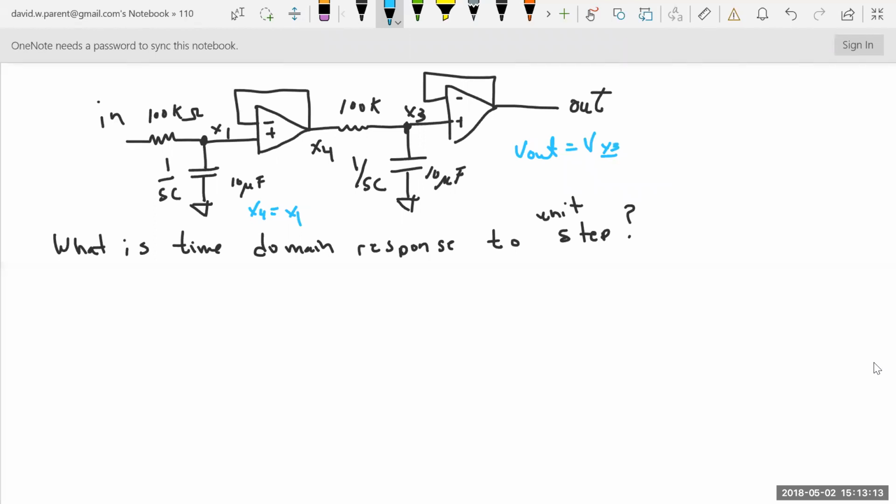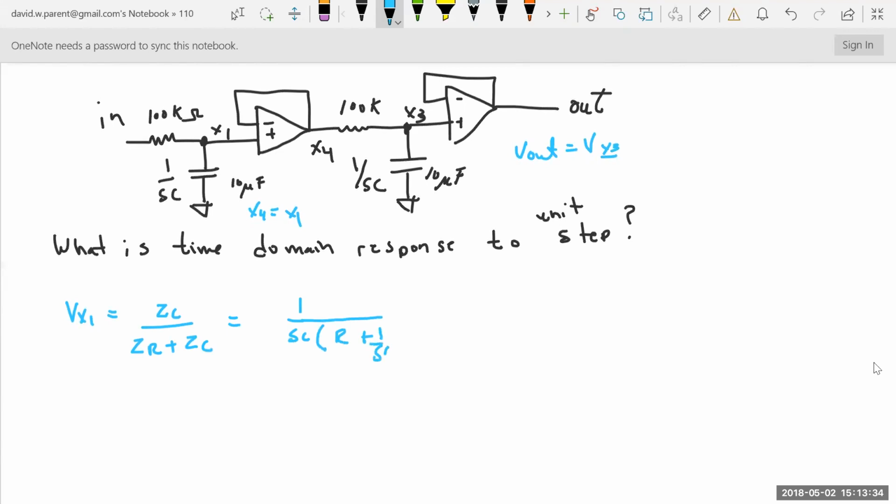All right, so what's Vx1? It's just the voltage division of ZR. So then we put in 1 over SC, ZR is R, 1 over SC.